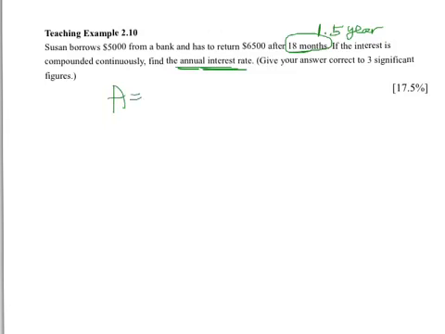A is equal to P e to the power RT over percentage. In that case, maybe we combine this part into a capital letter R, okay? So we write it as A equals P e to the power RT, maybe simpler.